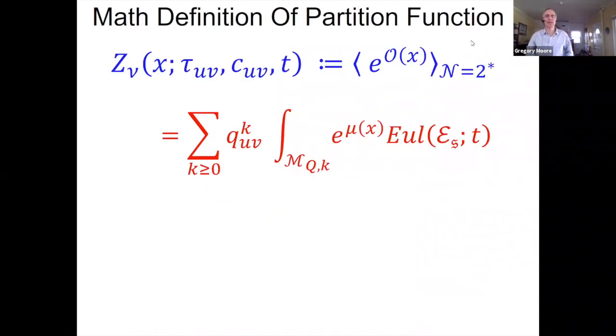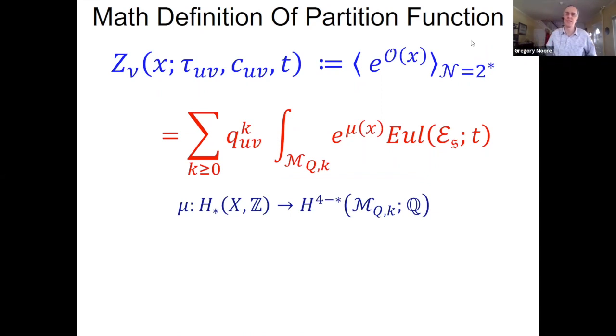And so now mathematically, our partition function is a sum over non-negative instanton numbers of q to the k with certain integrals over these moduli spaces of e to the mu of x. So mu of x is a map from the homology of the four-manifold to the cohomology of the moduli space. It's an analog of the famous Donaldson mu map.